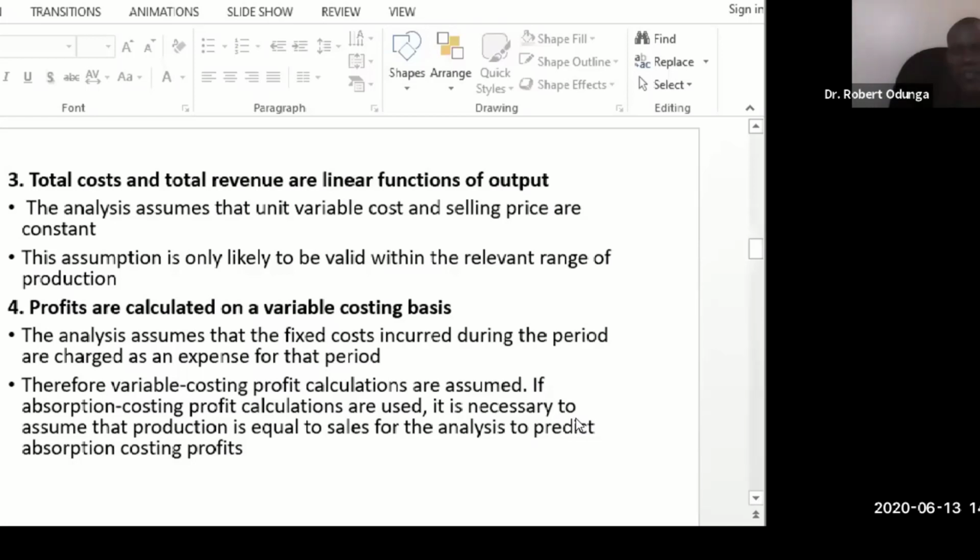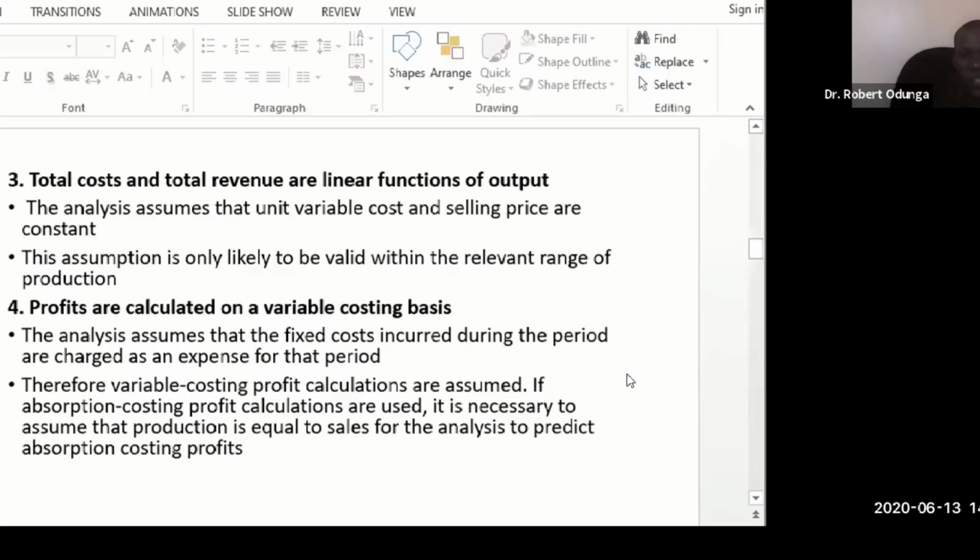Some of these assumptions, we'll understand them as we apply the model practically. But what we are being told here is that we use variable cost to determine our profit. And that is now the contribution we're talking about, because if we increase the production volume, then you are incurring more of the variable cost than the fixed cost, because fixed costs are meant to be constant.